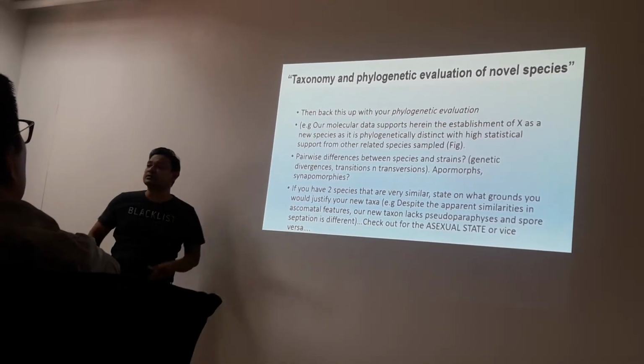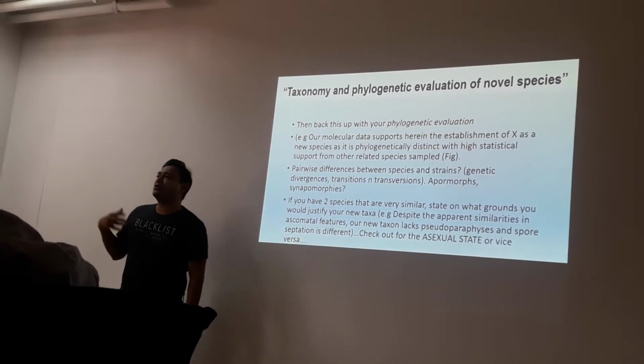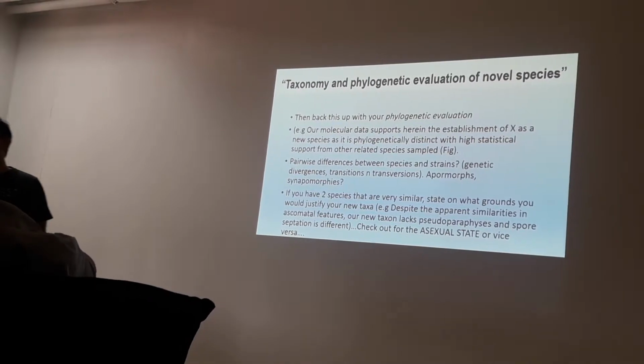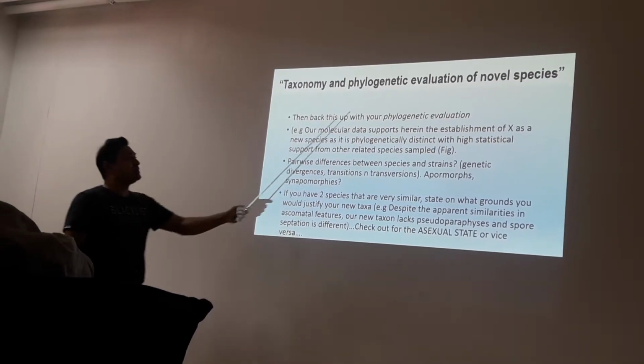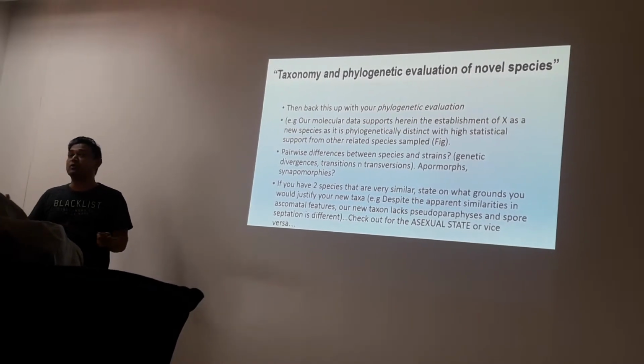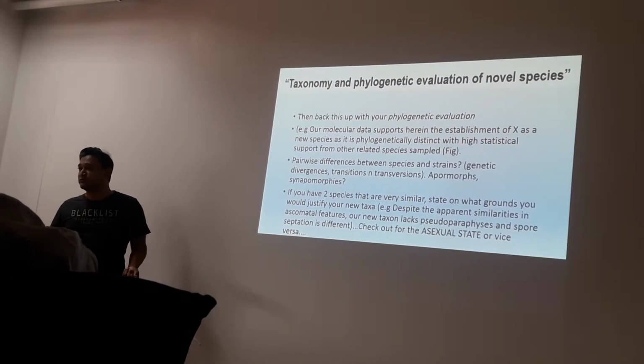Once you are done with your morphology, then you back it up with your phylogenetic evaluation. You might have your different trees. You pick one of them if you want to, or you can use both of them for phylogenetic inferences.